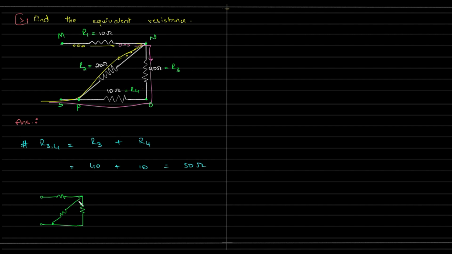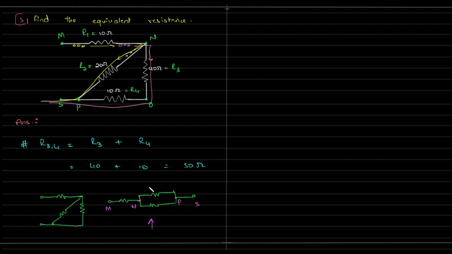But if you think about it, they are in parallel, is it not? So you can redraw it this way also. Again, you need not follow the structure. That's okay. So this is your N and that's your P, right? This end is P and that's S and that's M. Okay, you can redraw anyway. That doesn't matter. But yes, I would prefer you guys be able to do this.